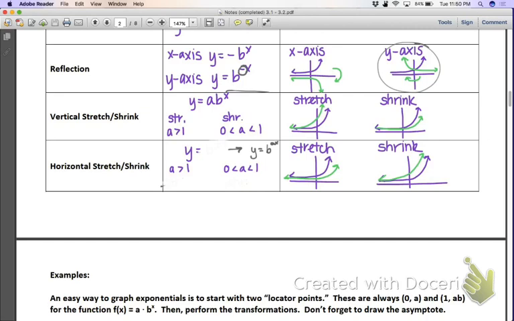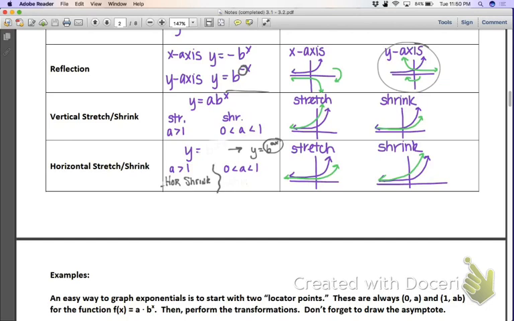That's why I leave everything like that, so we don't have to get into the 1 over a. Let's just call it what it is, it means it's going to be the opposite. So if our a value is bigger than 1, then it's going to be a horizontal, normally. Here, if it was bigger than 1, it was a horizontal stretch, whereas here, it's going to be a horizontal shrink.